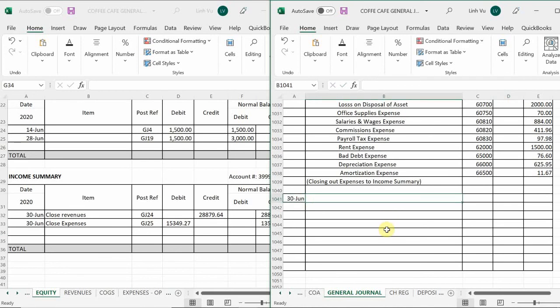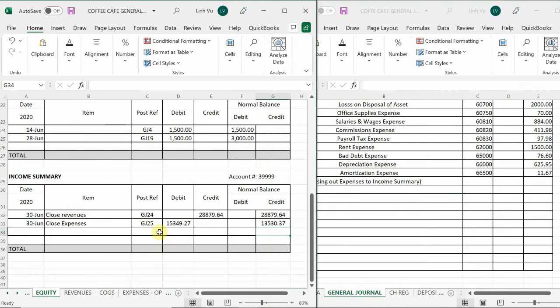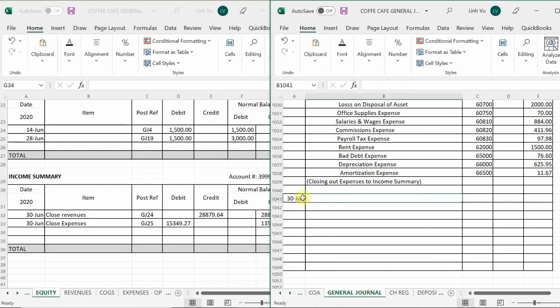How do I zero out my income summary? I currently have a credit balance, so therefore I need to debit my account. And then my equal and opposite credit is going to be to the owner's equity.